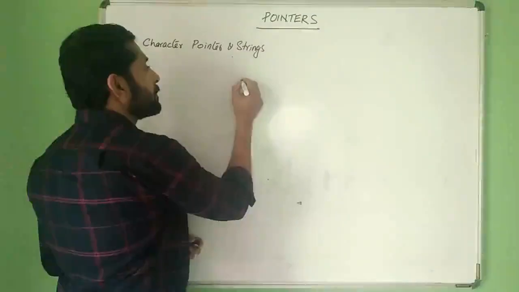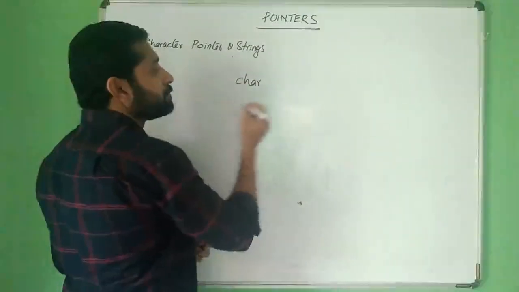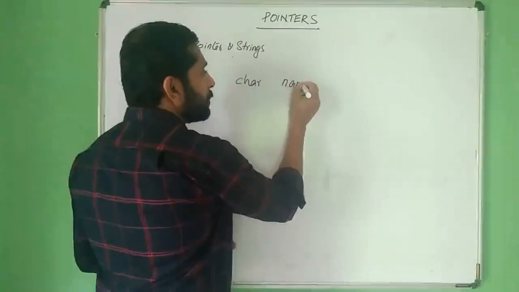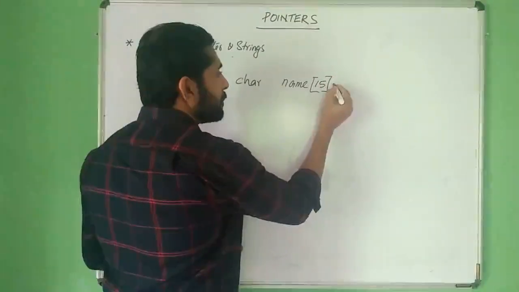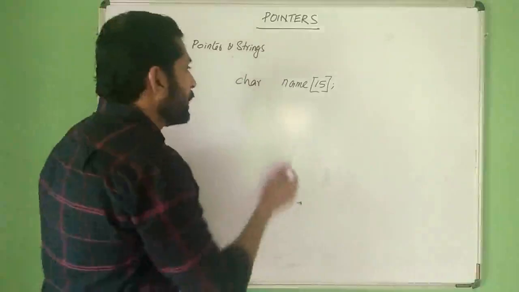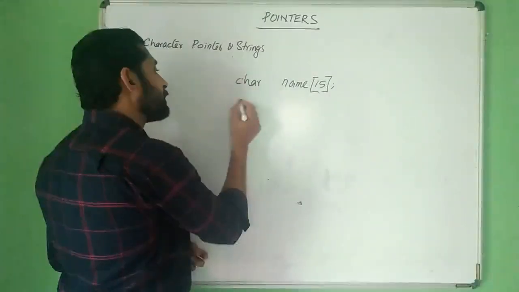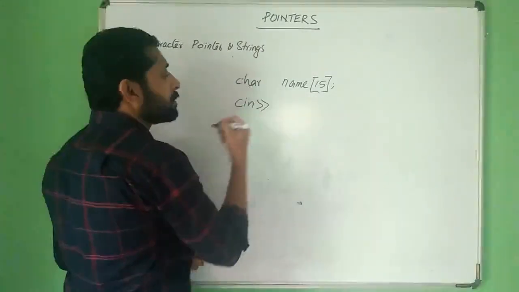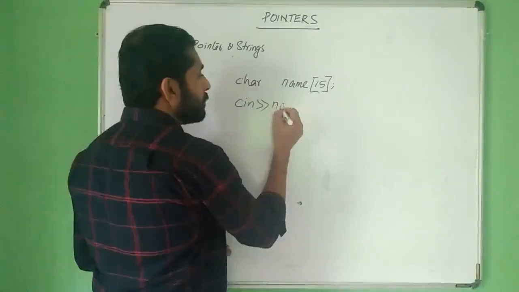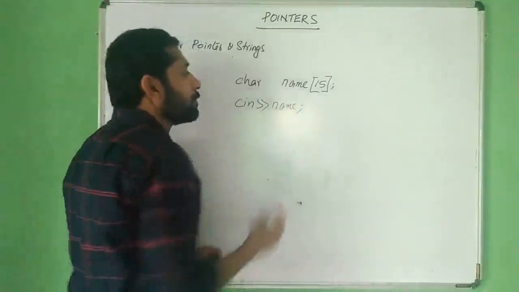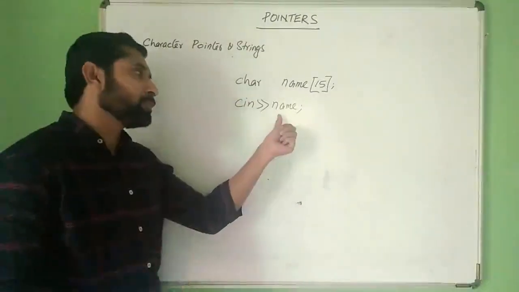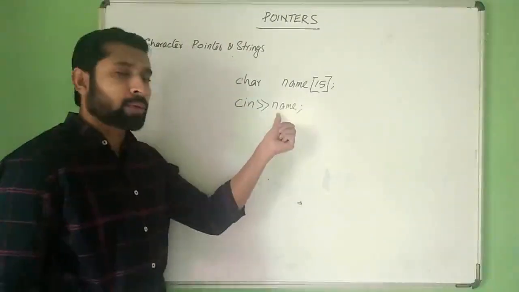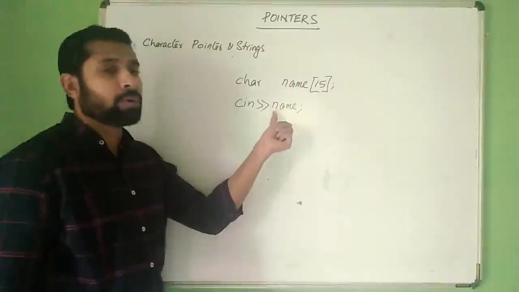Something like this: char name of, say, 15. And if you write a statement like cin name, this statement can be used to accept input through the keyboard into this variable name.